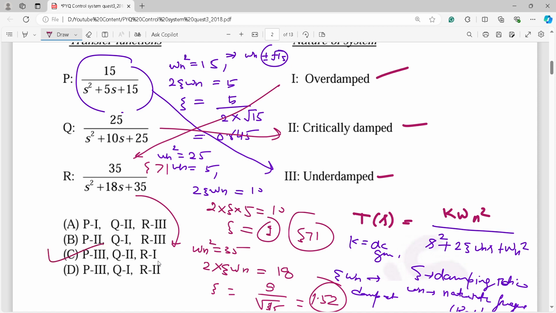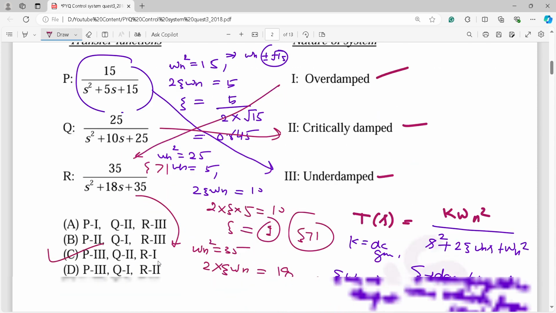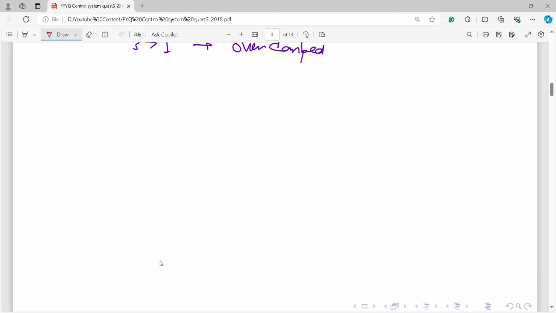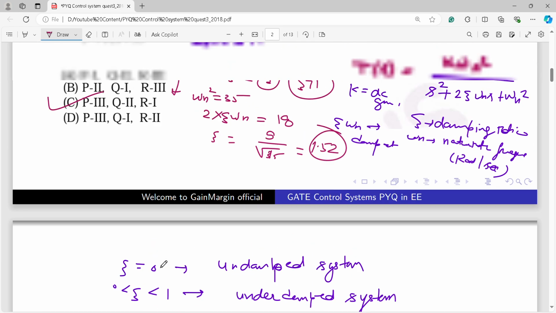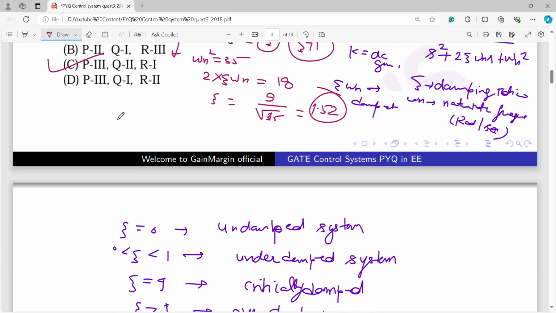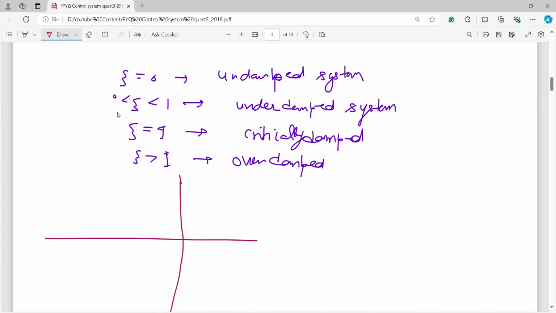Option C is correct. In the case of the underdamped system, let me find out the type of roots. Roots here means poles, and the roots of the denominator polynomial are nothing but the poles of the system. In a stable system, poles always lie in the left half of the S plane.